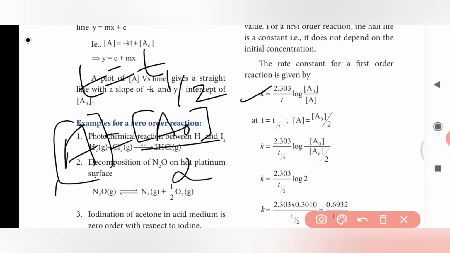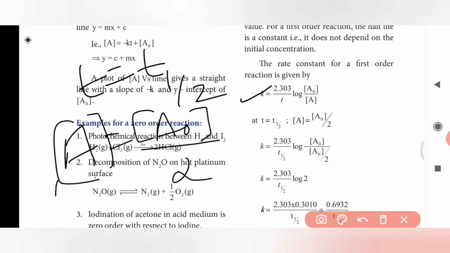We have to find the half-life, the time for half of the concentration.